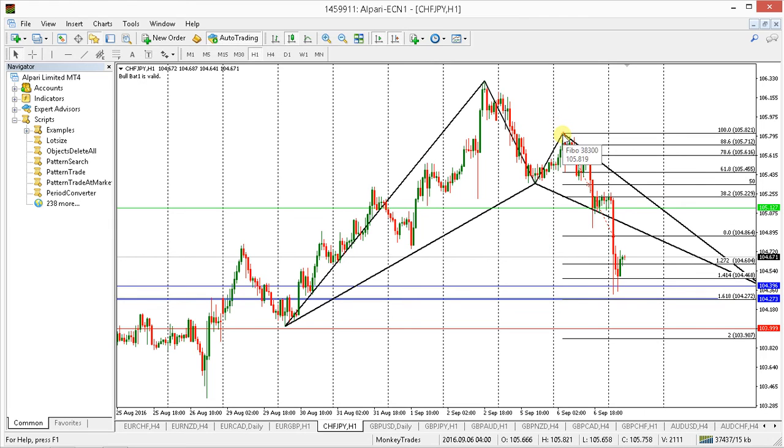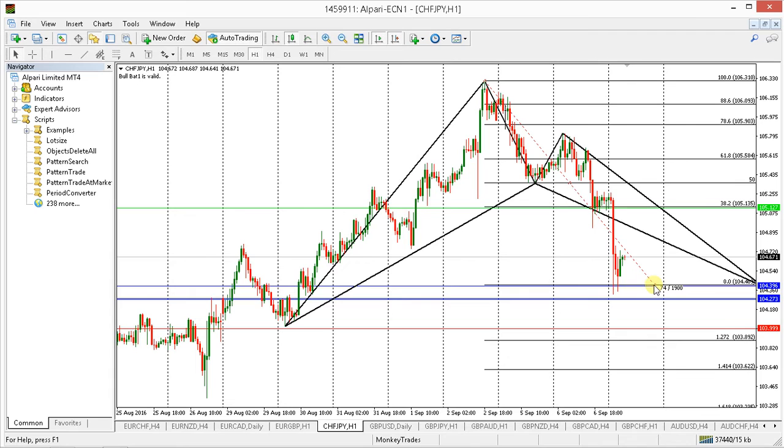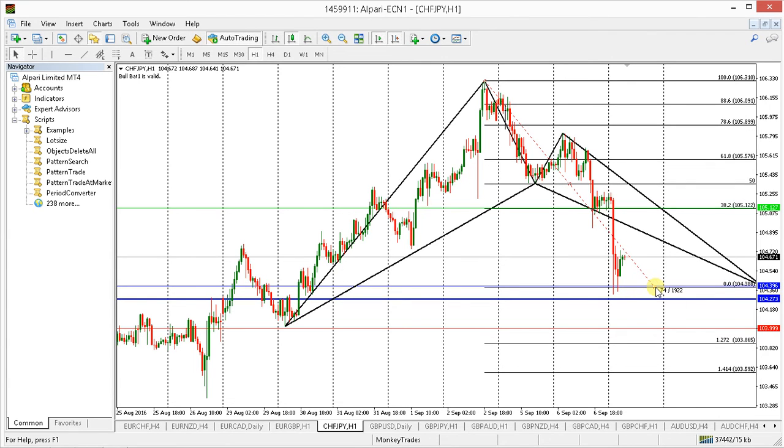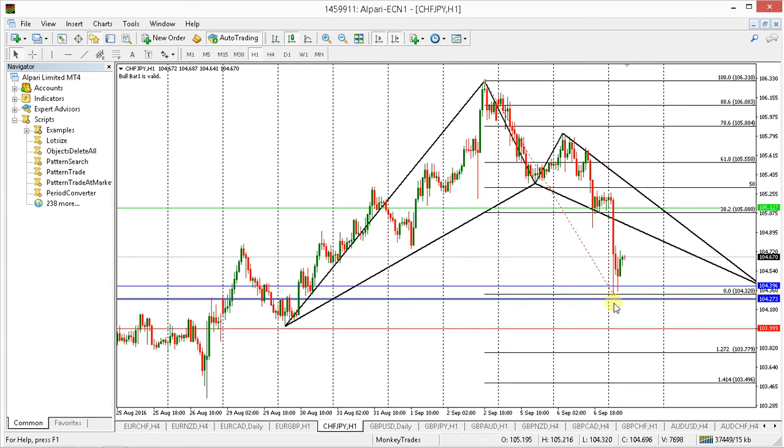Okay. And once it is hit, the target would be 382. You see, the green line is 382. Actually, when it hits my second line, I place the target, modify it a bit, to a factual place where the price started the reversal.